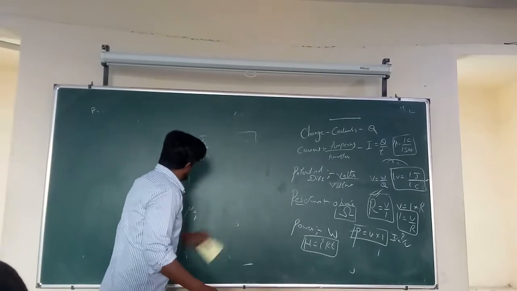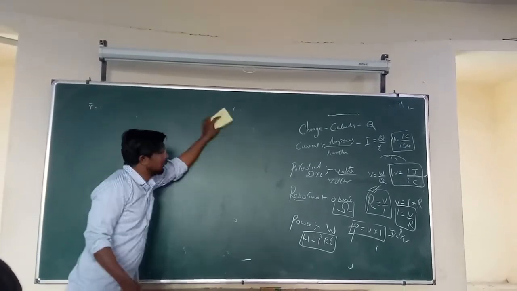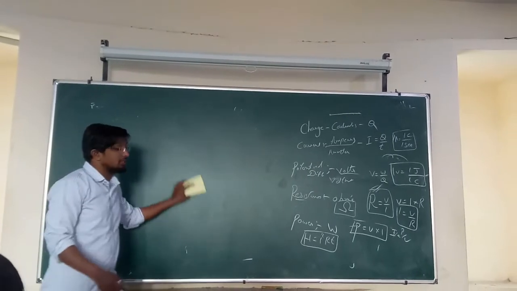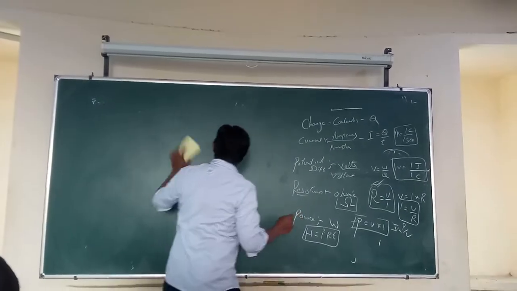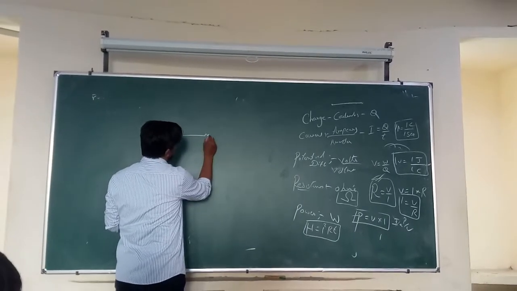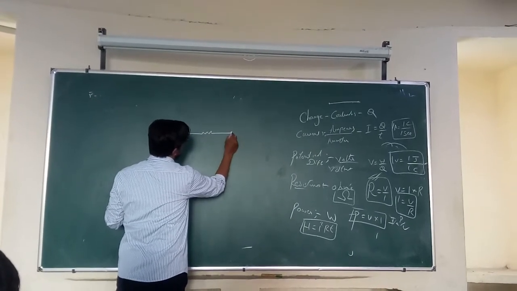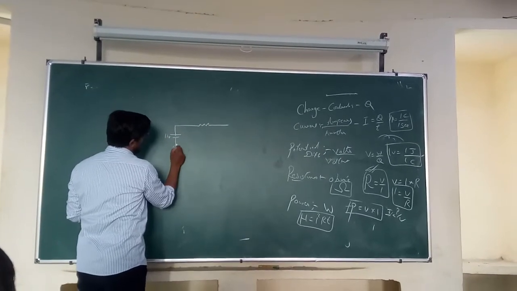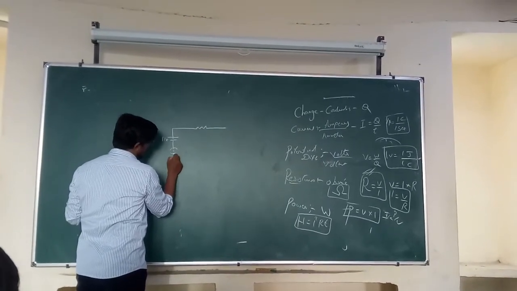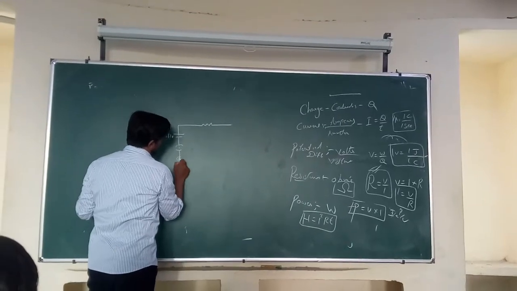Now, where are we going to use this kind of formula? One thing which was missing is connecting resistors in series and parallel. I hope you know. Example: do you know about this circuit? See, there is a battery here. Let's take 12 volts. There is a key here, and an ammeter connected here.